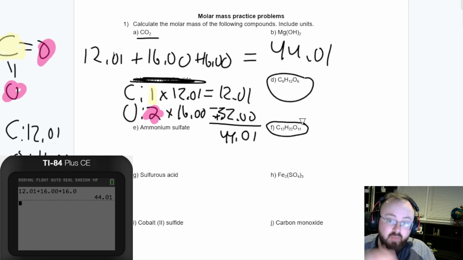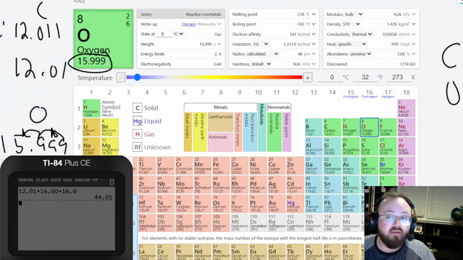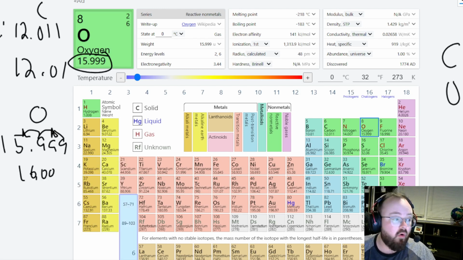All right. Before we move on to our next question, let's talk about the units of this. When we're talking about this amount here, I talked about this in the beginning. It is the amount of grams per mole.